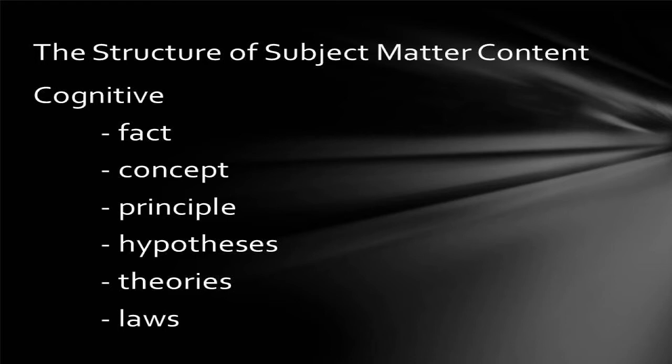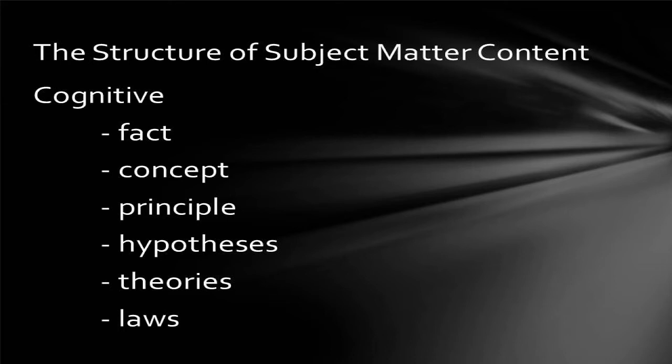And then we have theories. Theories are a set of facts, concepts, and principles. So these are the combination of the first three structures of subject matter content that we mentioned a while ago. They describe possible underlying unobservable mechanisms that regulate human learning, development, and behavior. They explain why these principles are true.